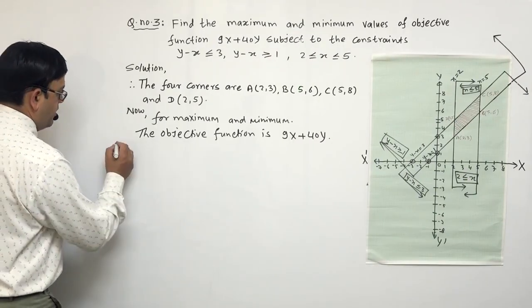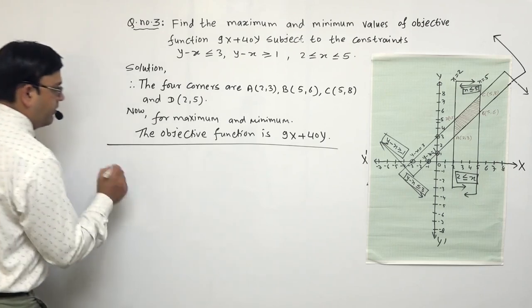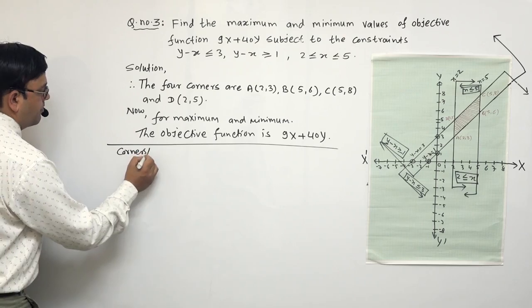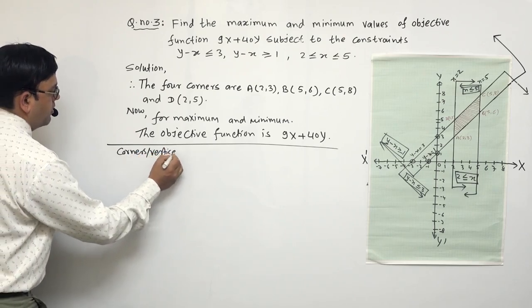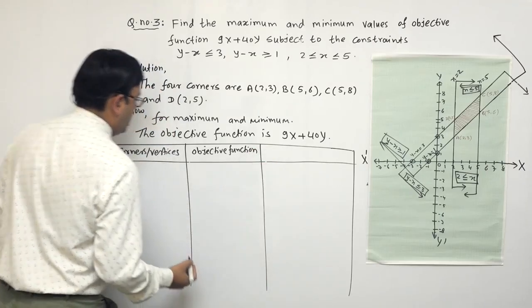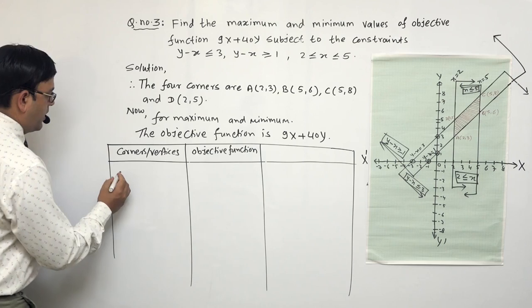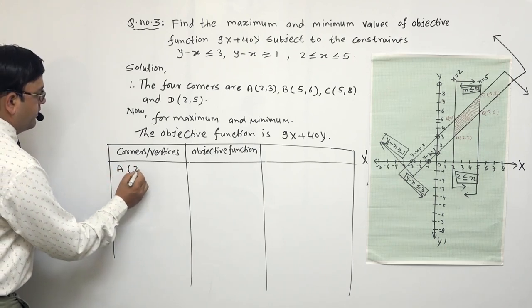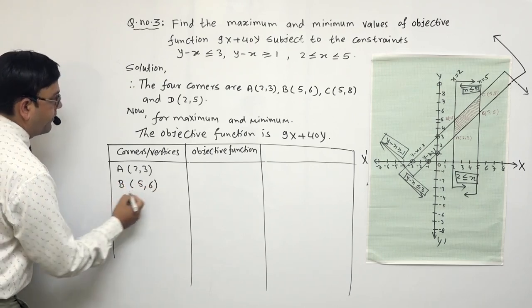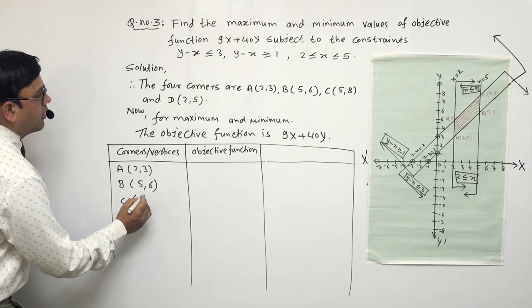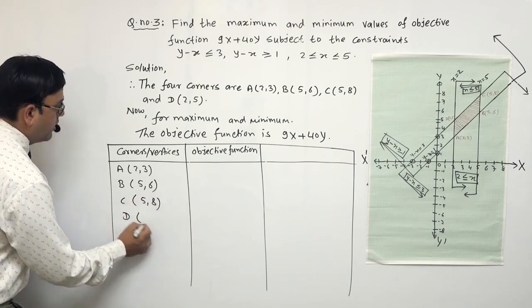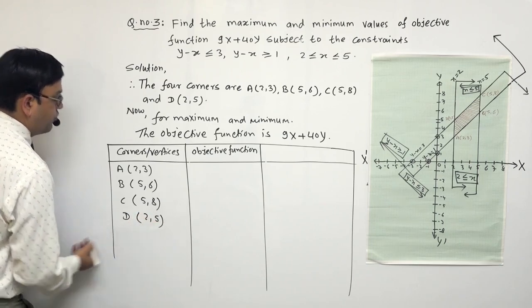So let us draw a table where we'll write here corners or vertices. अब हेरौं है त हामी यसमा our corners are A 2 3, B 5 6, C 5 8 and D 2 5.